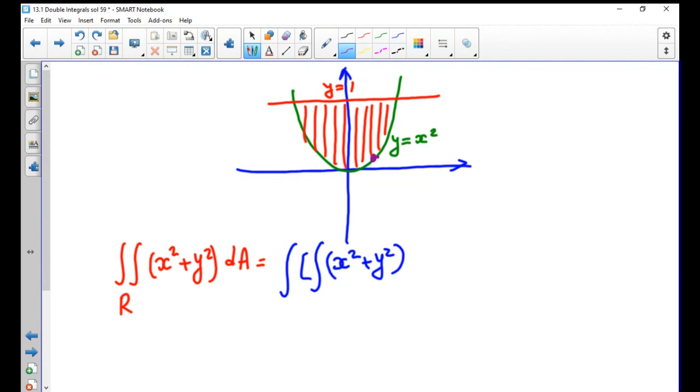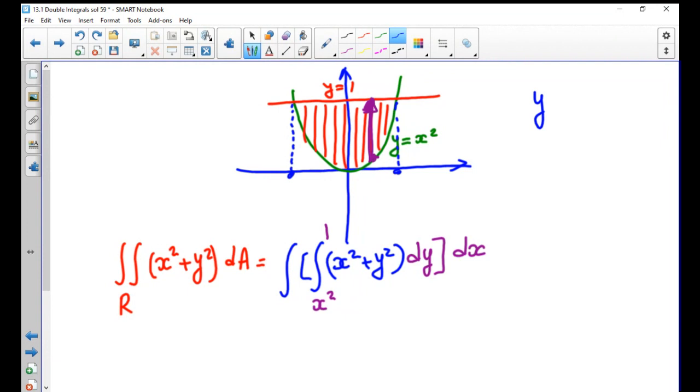Y is the correct answer because we can integrate with respect to y from y equal x squared to y equal 1. Like this. And then, whatever the answer, we will integrate it with respect to x. But now, for x, I need to find these two numbers.